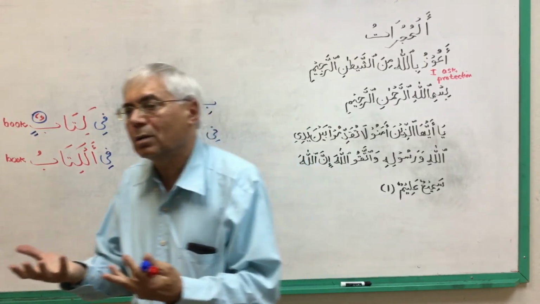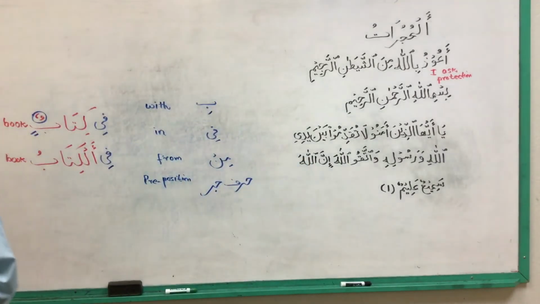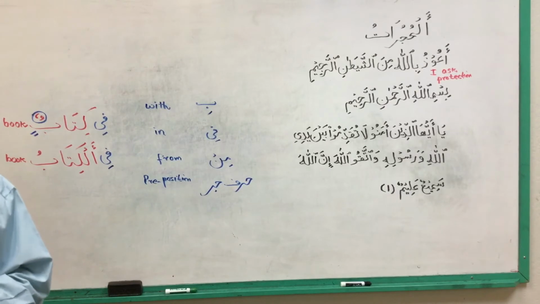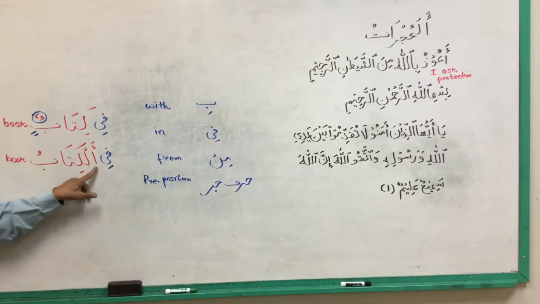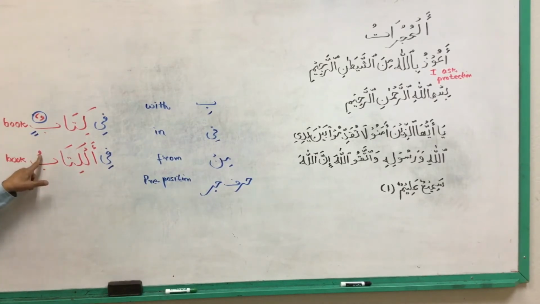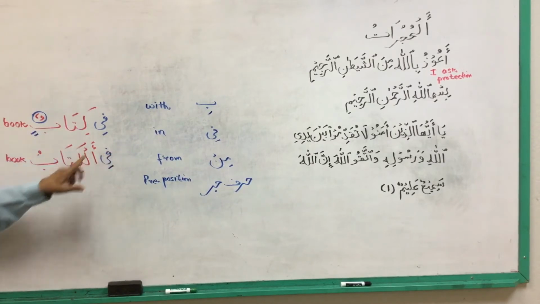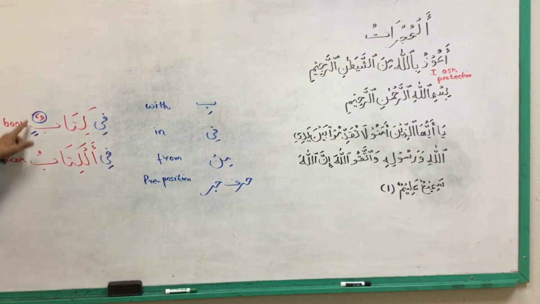In Arabic now, fi is actually attacking two words. One is al, the other is kitabu, because al already changed kitabun to kitabu. We just saw that. Now fi comes before that.